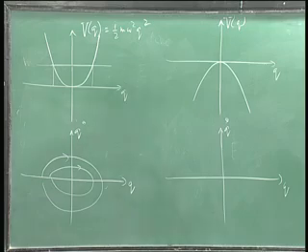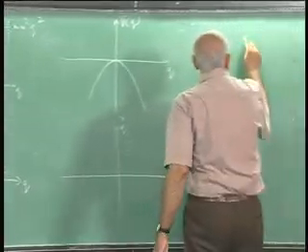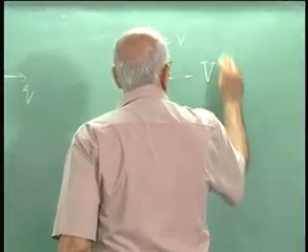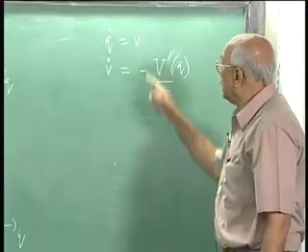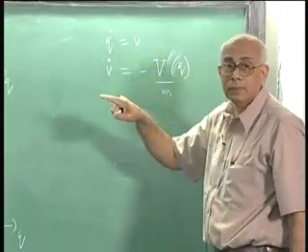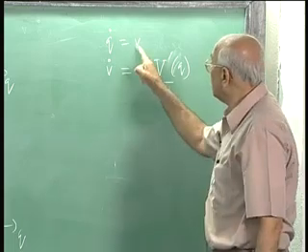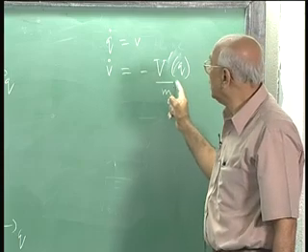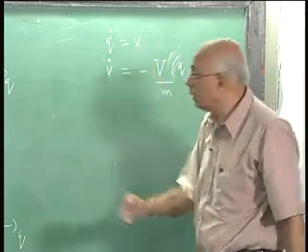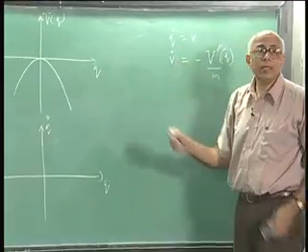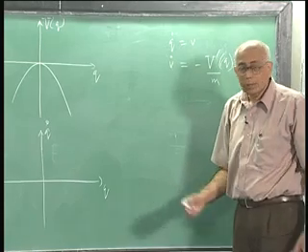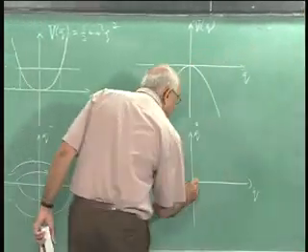Remember the equations of motion: q dot is v and v dot equals minus V prime of q over m. If it starts at the origin with 0 velocity, then this is 0 and that is 0. This is an extremum of the potential, a maximum at the origin, and therefore this quantity is 0 to start with. Therefore neither q nor v can change with time, because both derivatives are 0 and they remain 0. So the particle would remain at this point.